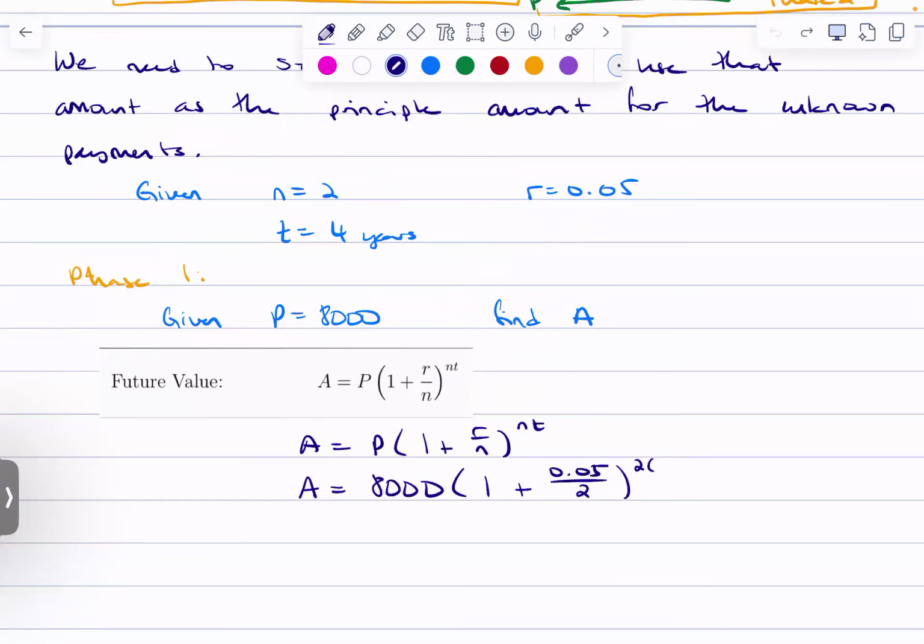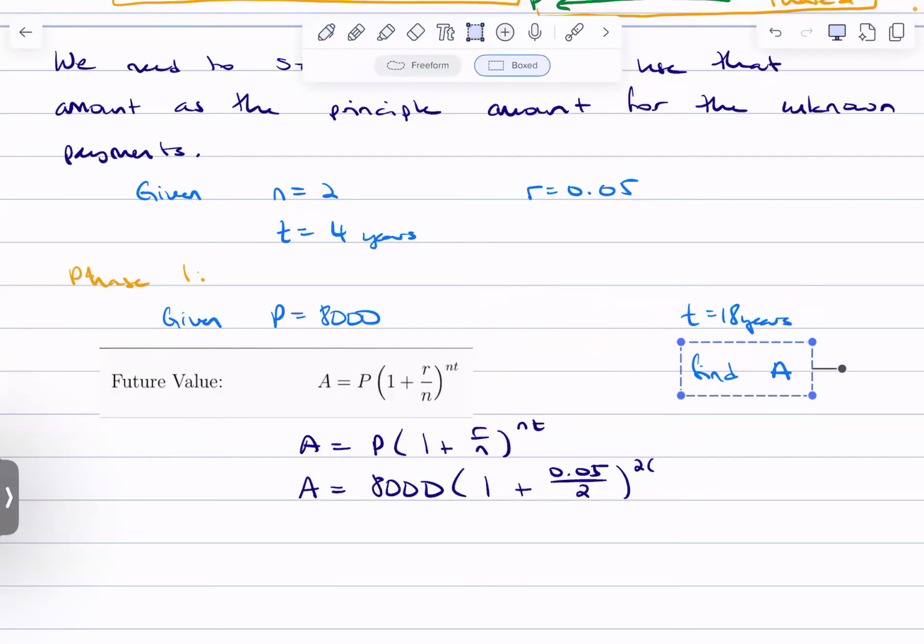Not 4. Oops. I need to add that T is 18 years in this case. And I'll swap these.